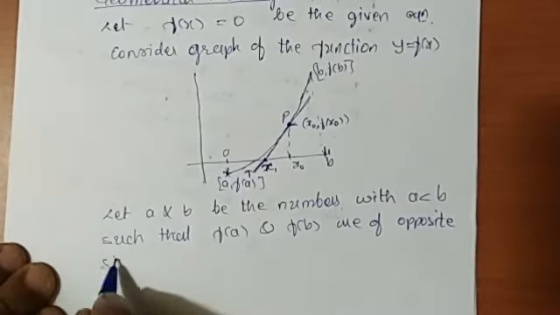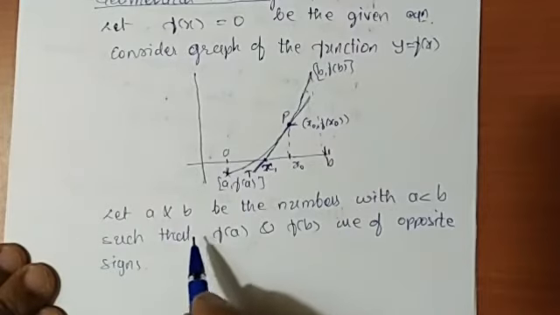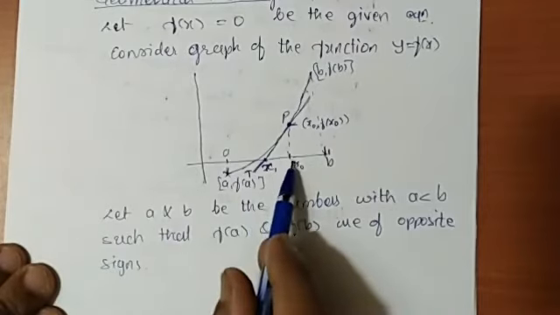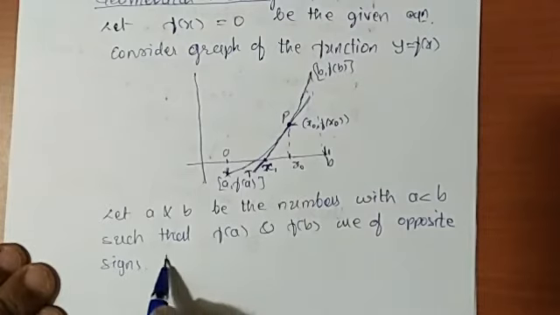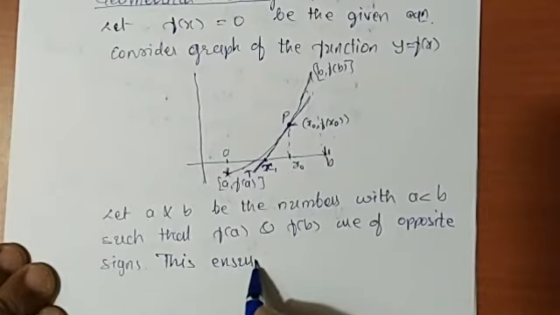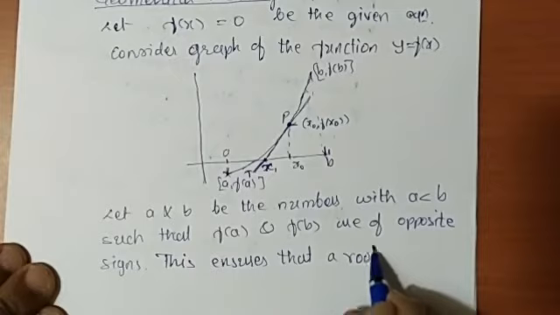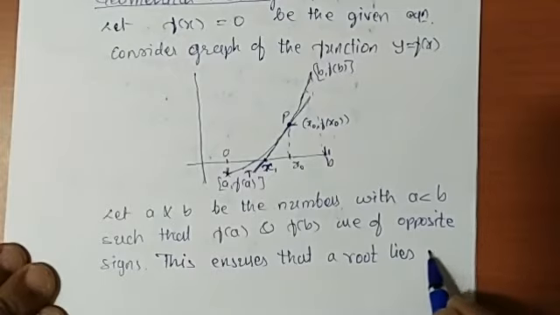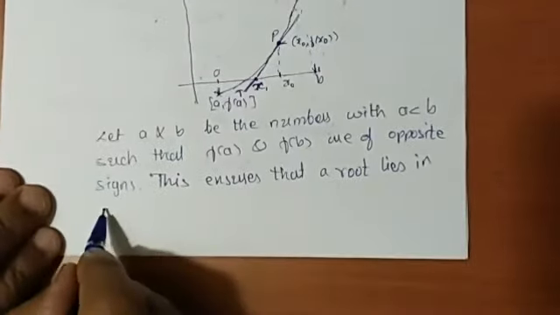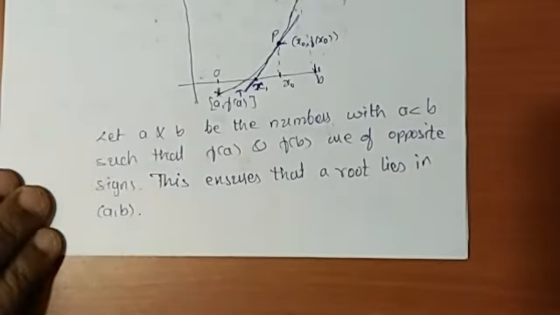Opposite signs. So now I am choosing A and B just to make sure that there is a root. This ensures that a root lies in the interval AB. Right.